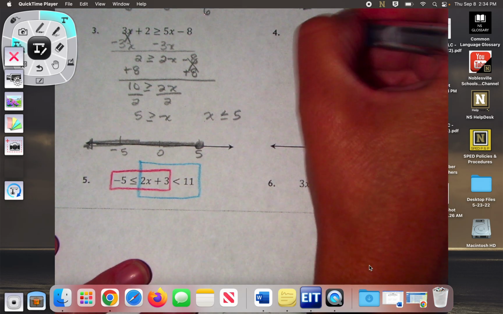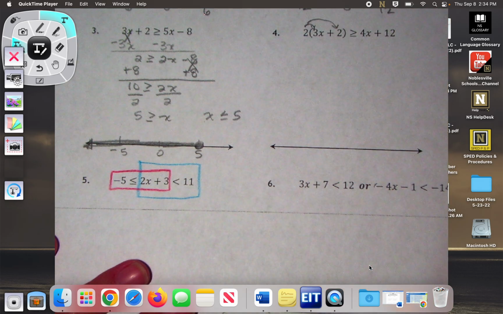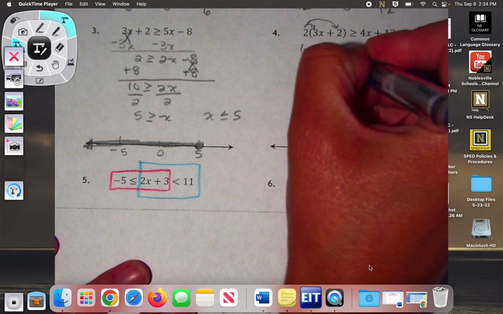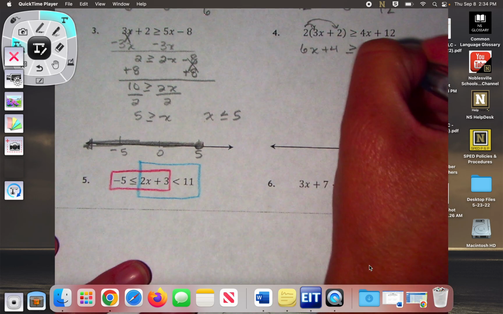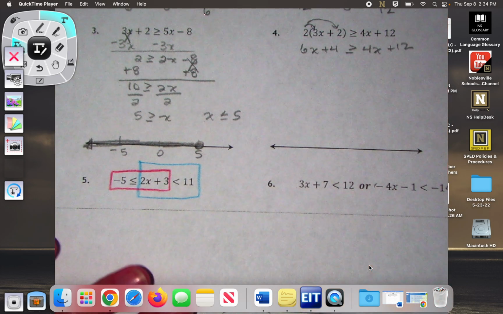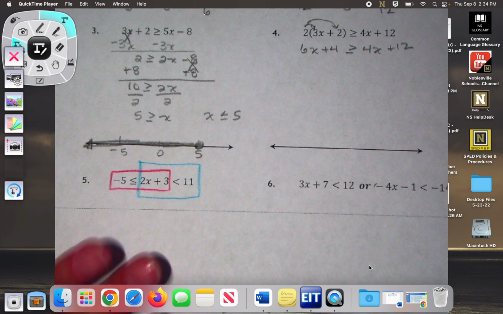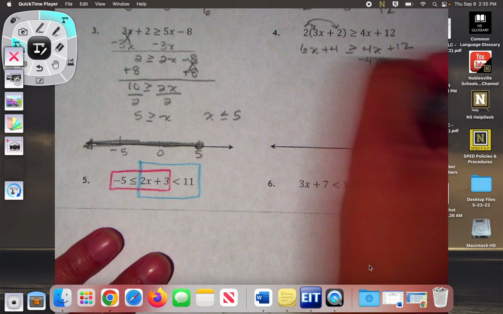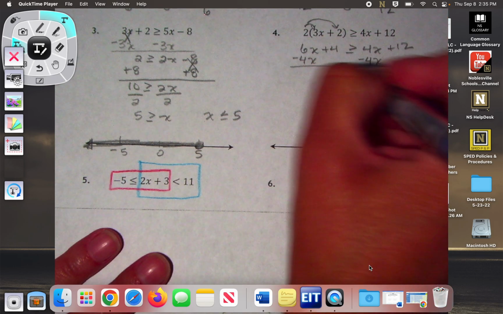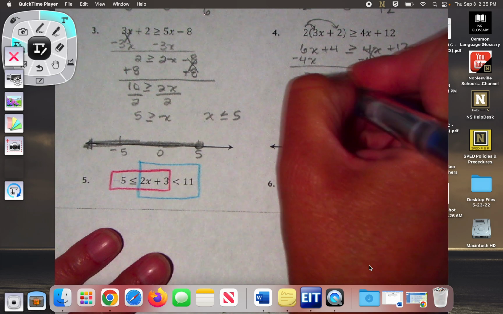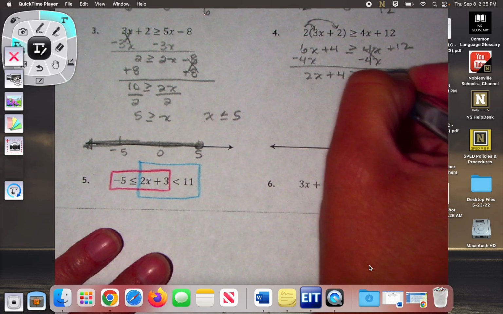All right, so then I'm going to distribute. So I get 6x plus 4 is greater than or equal to 4x plus 12. Subtract 4x from both sides. 2x plus 4 is greater than or equal to 12.